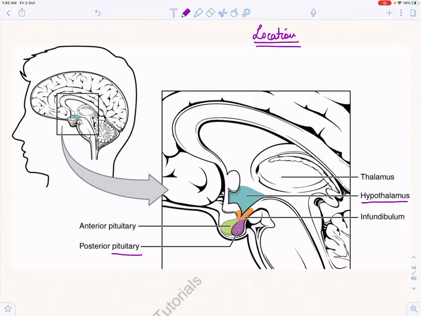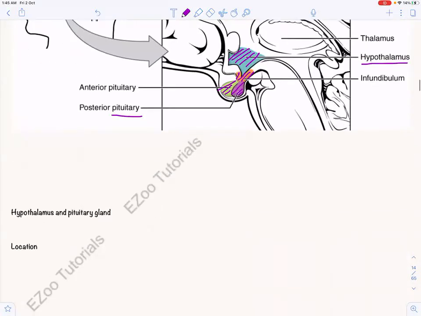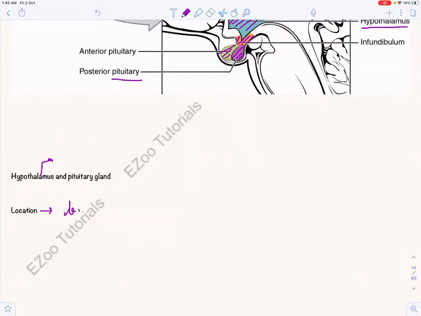So this is the hypothalamus. You can see this is the infundibulum, and this is the anterior pituitary gland, and this is the posterior pituitary gland. So basically hypothalamus is forming the basal part of diencephalon, right?